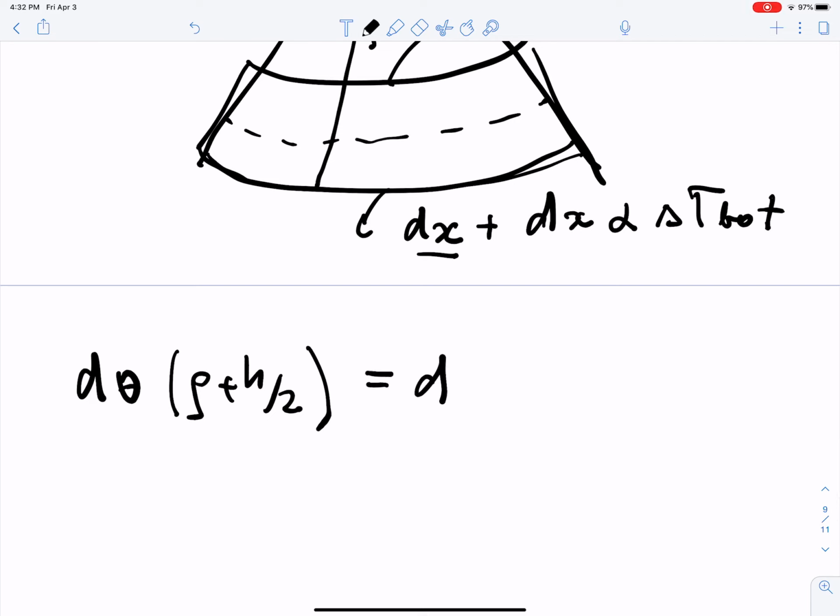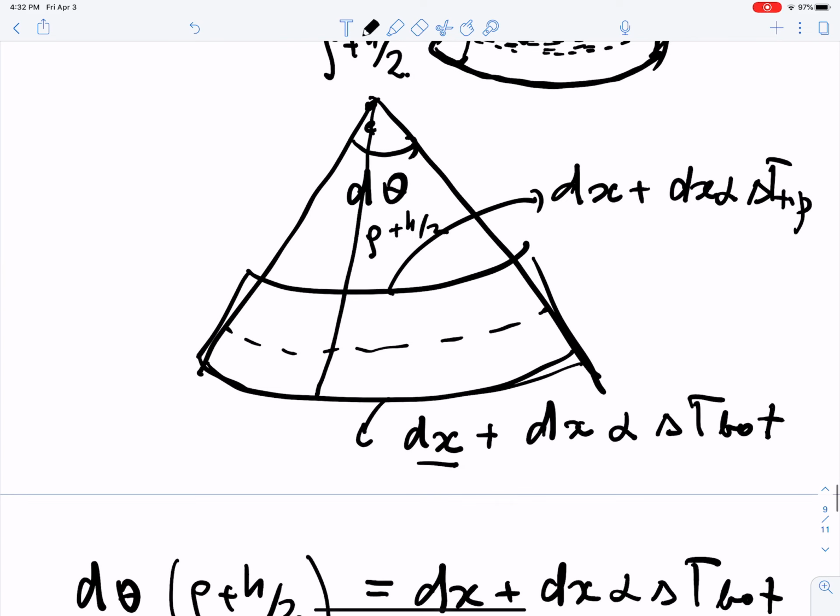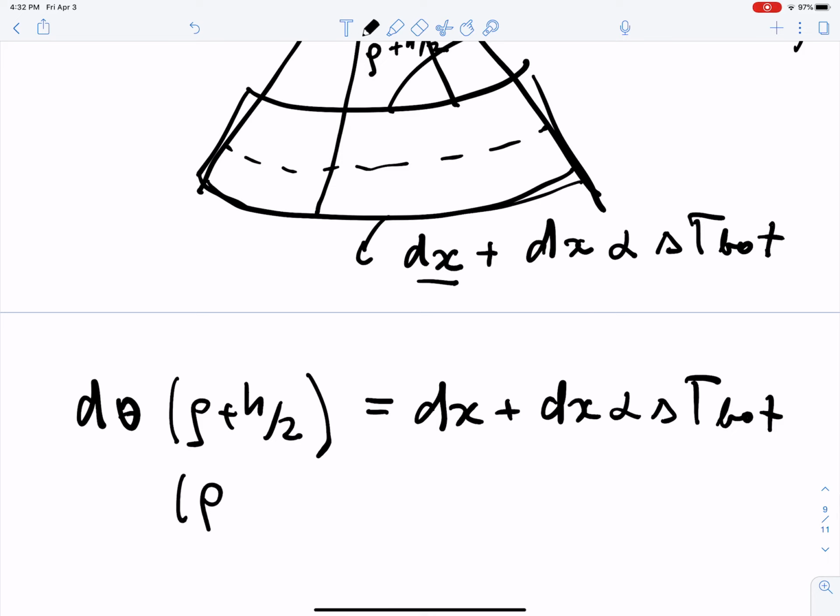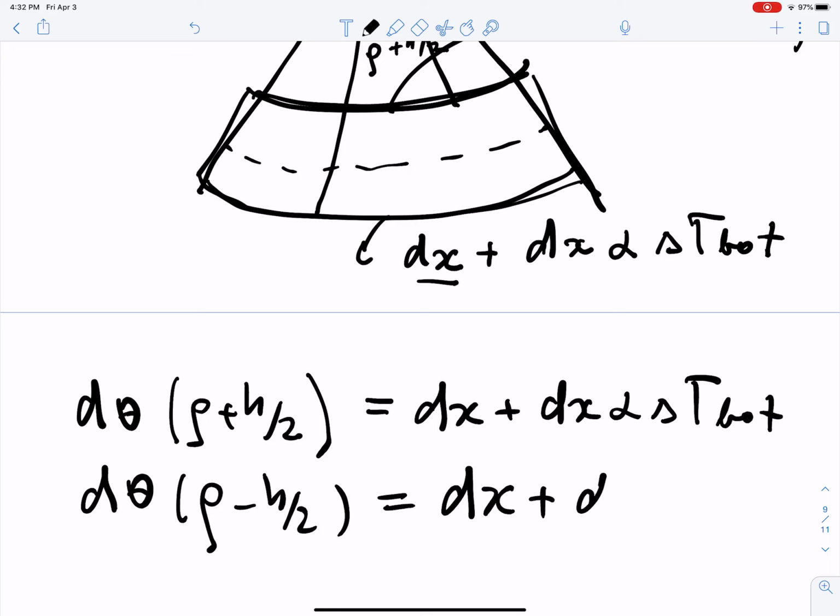So I get dx plus dx alpha delta t bottom. Now if I go here, this is rho minus h over 2. If I take rho minus h over 2, but multiply, this is the key, by the same change in angle, I get this length, which is dx plus dx alpha delta t top.